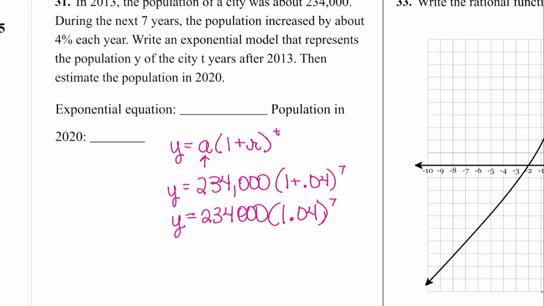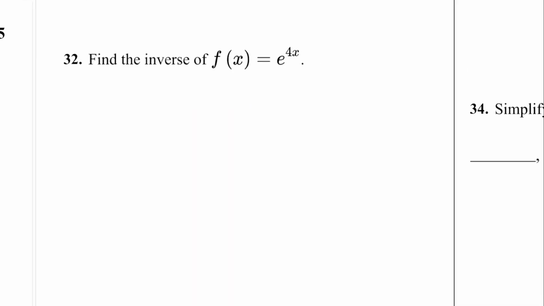So the equation is going to be y equals 234,000 times 1.04 to the t power. When t is 7, our estimated population is going to be 307,928.